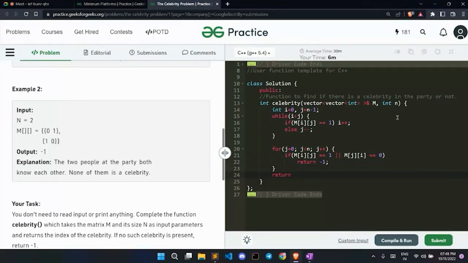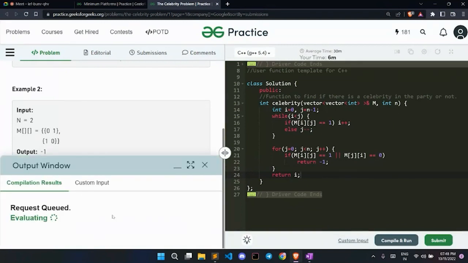This will return. Let's see whether that is running or not. So here it is running.